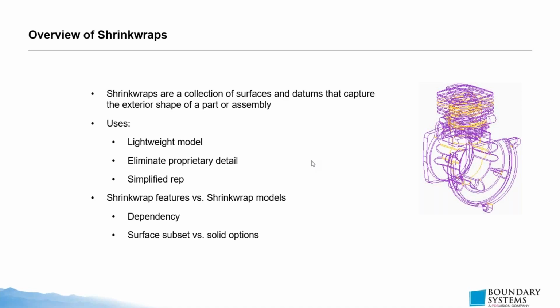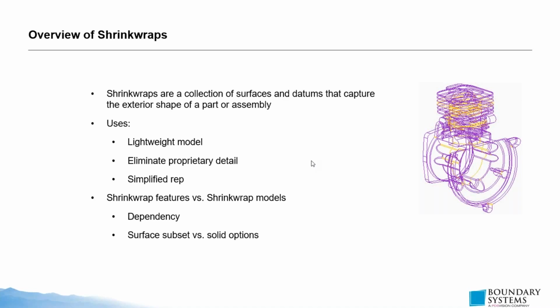It can completely show all of your packaging or space requirements for a part without actually having all that data. Similarly, you can make an envelope simplified rep, and essentially you can seamlessly swap between your main model and your simplified representation that only shows part of that information.